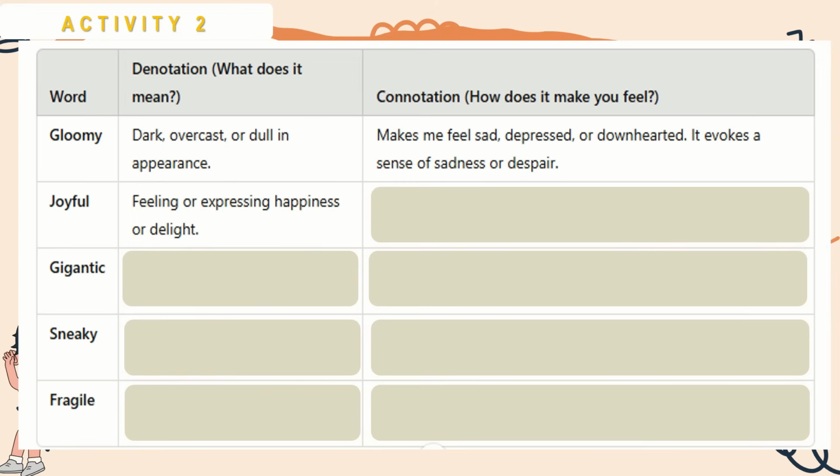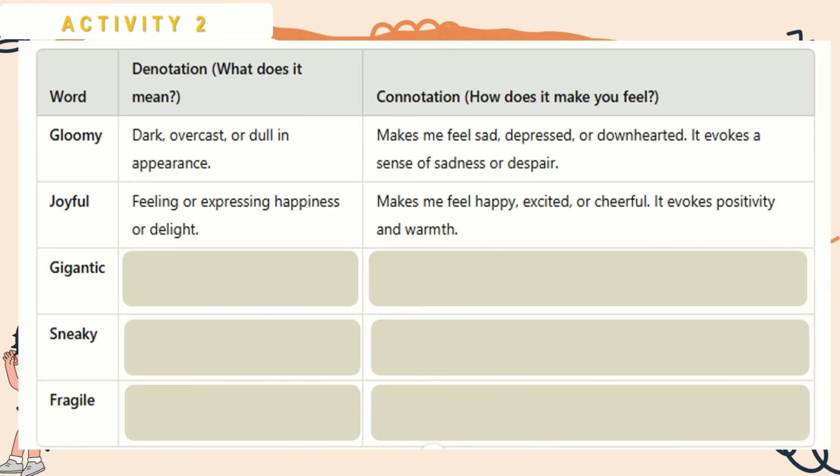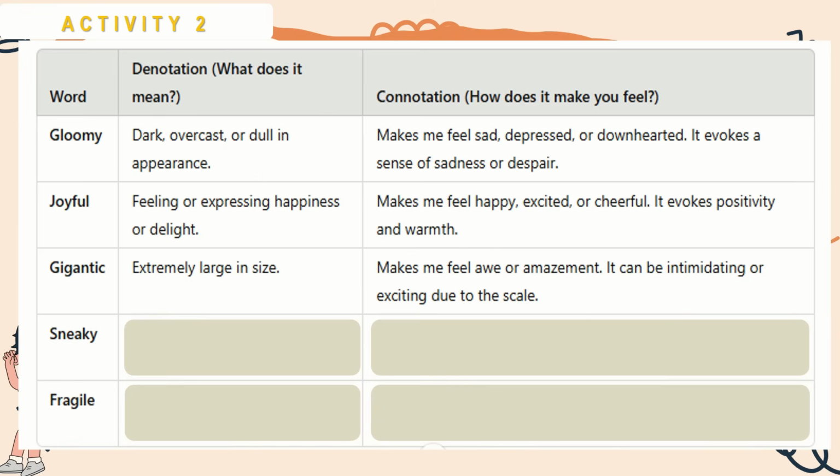Joyful, feeling or expressing happiness or delight. Makes me feel happy, excited, or cheerful. It evokes positivity and warmth. Next is the word gigantic, extremely large in size. Makes me feel awe or amazement. It can be intimidating or exciting due to the scale.